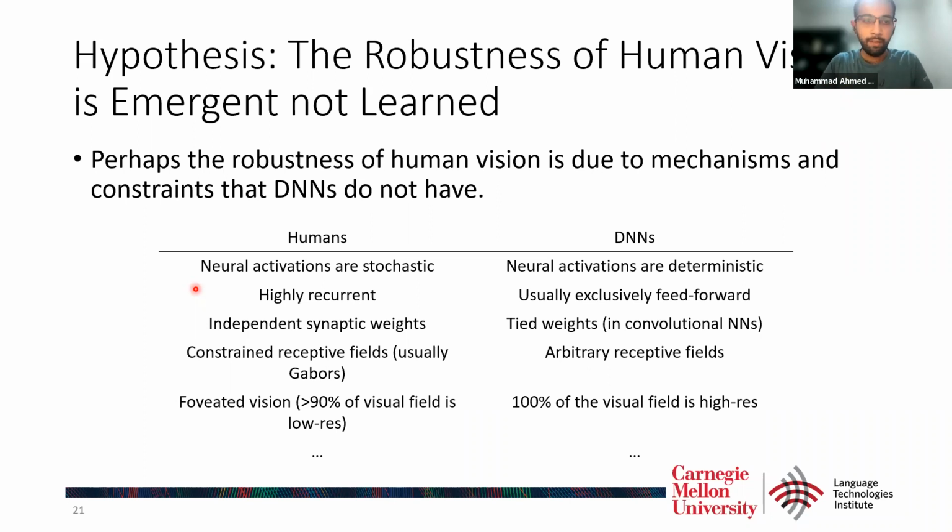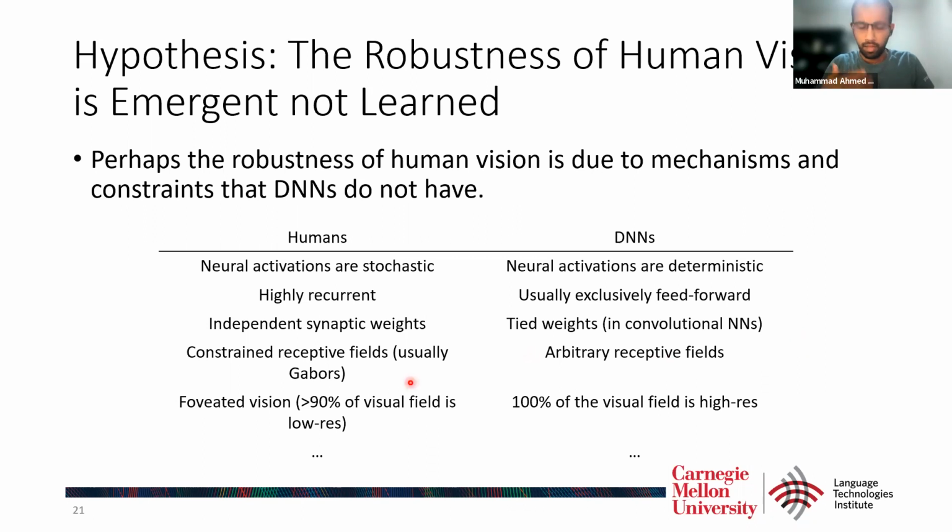Thirdly, in humans, the incoming and outgoing weights associated with neurons are not synchronized, whereas in convolutional deep neural networks, particularly, you have tied weights, so to speak. The kernel or the set of weights that is applied to any particular spatial location in the image is the same, so there's a high degree of synchronization there.